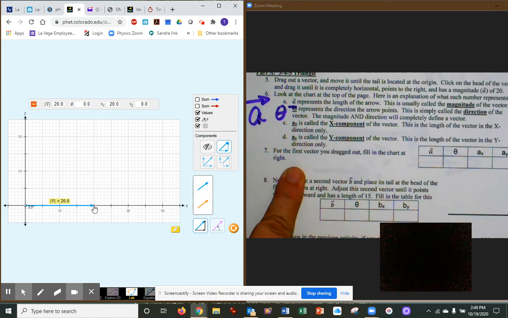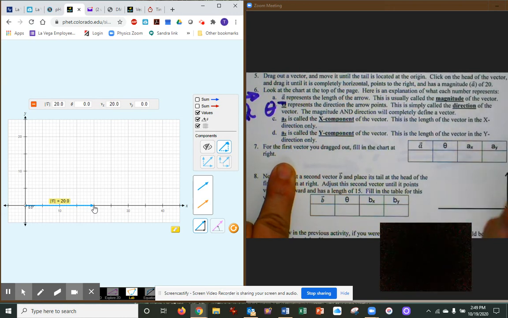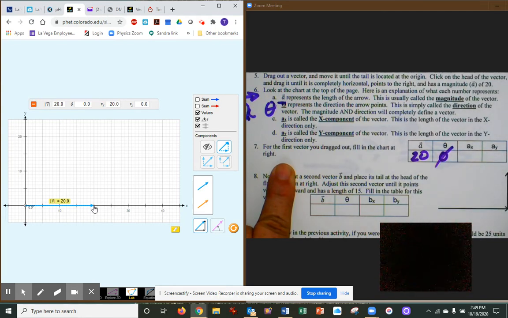So, for this first one we dragged out and put on the x-axis, what is the magnitude? Anyone? Come on. Yes, 20. It's right up top. What's your angle? 0, because it's a horizontal line.